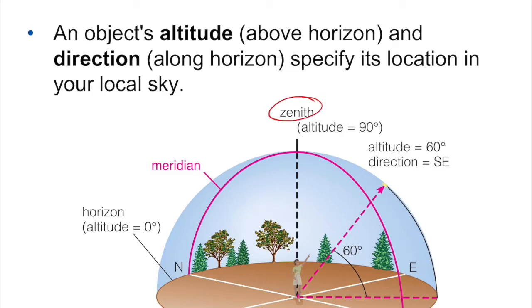You have a fixed reference that is your zenith, and you have a fixed reference that is your horizon. 0 degrees for the horizon, 90 degrees for the zenith. And then you can also talk about exact angles relative to north, west, south, and east. So you could talk about angles like this. Right? This one here would be 90 degrees. Okay?